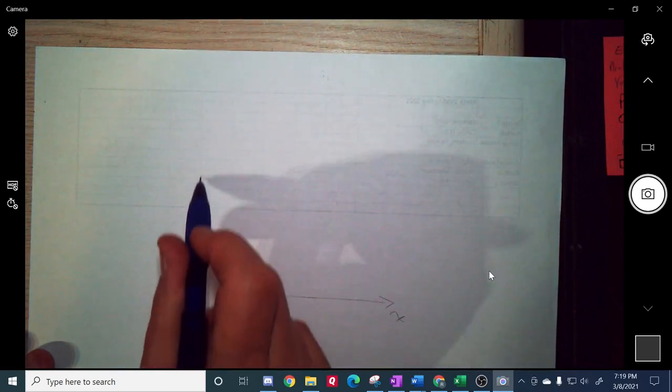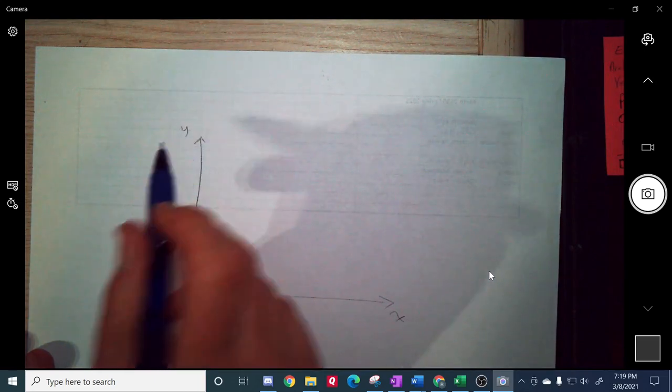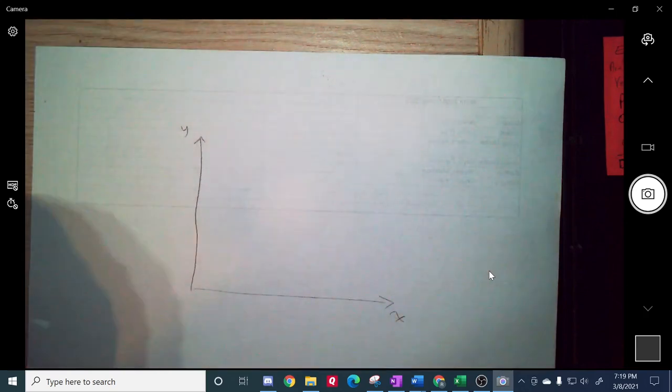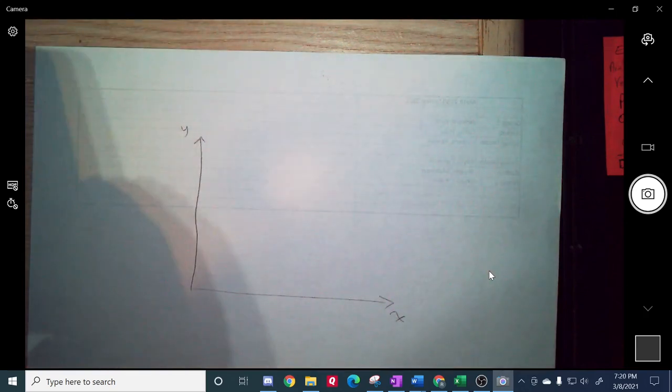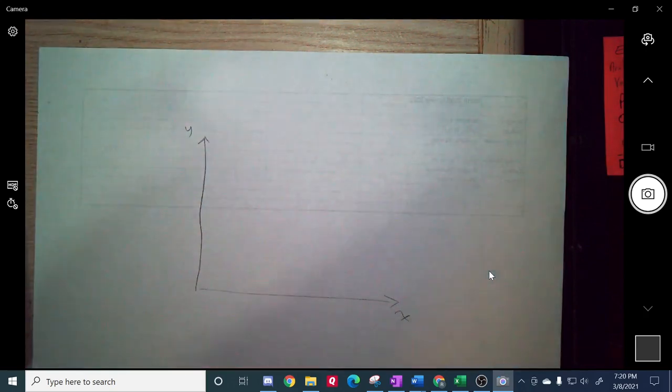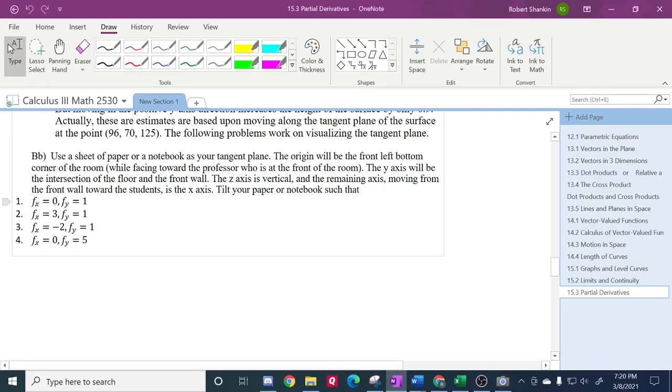Here's my x. It's like good old two-space. Here's my y. And that's on the plane. Now, I want to make things such that my f_x is 0.